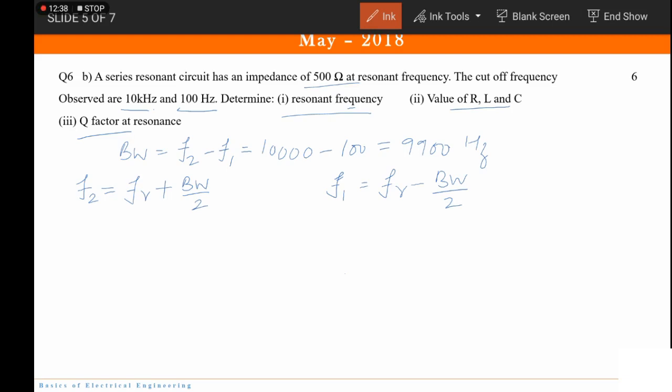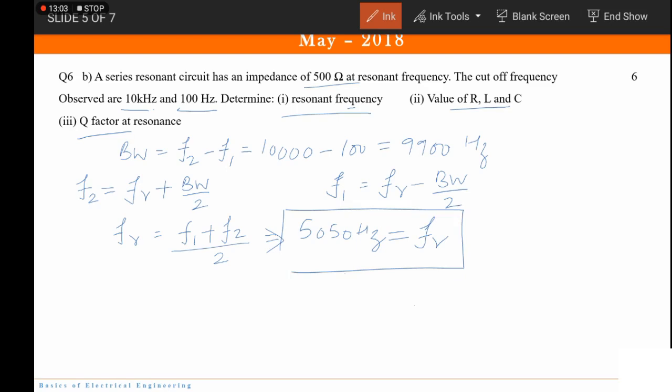So when we add these equations together, what do we get? The resonant frequency comes out to be higher cutoff frequency plus lower cutoff frequency divided by 2. So it comes out to be 5050 hertz. This is nothing but my resonance frequency. So this is one of the answers.